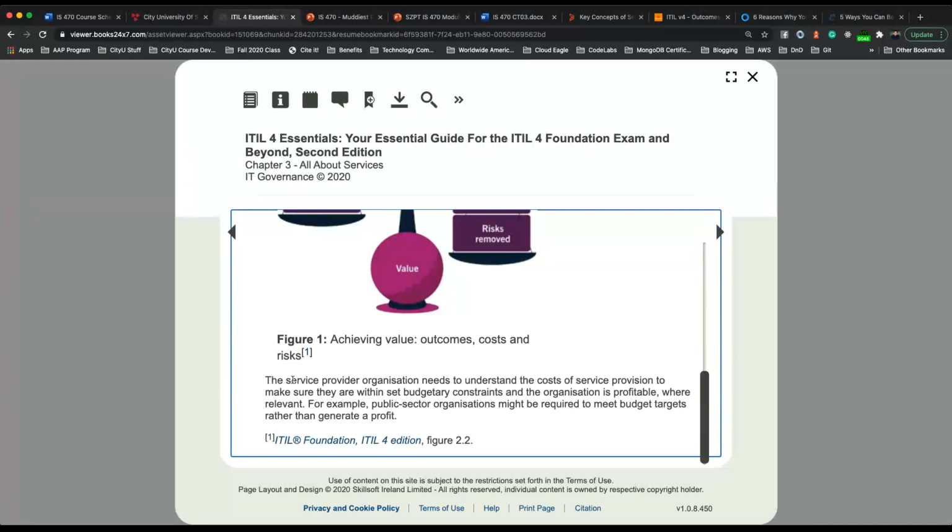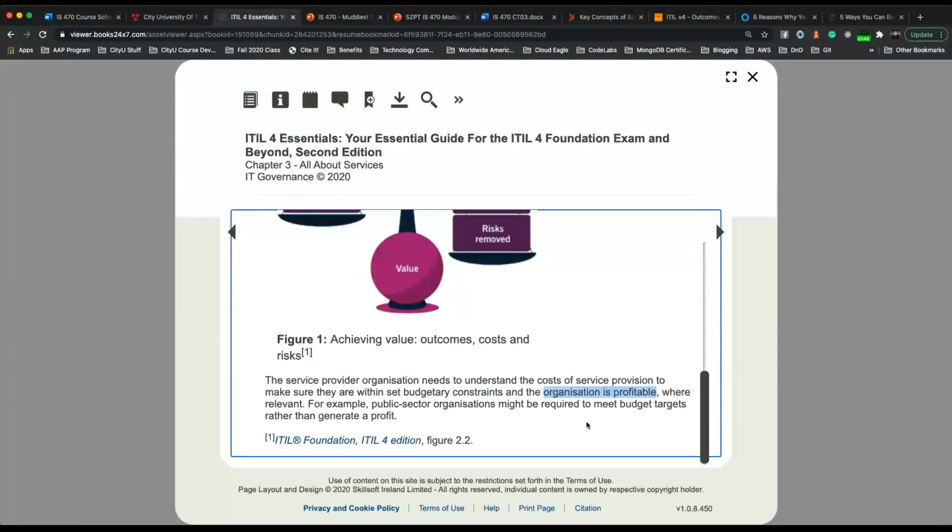So the service provider organization needs to understand the costs of service provision to make sure they are within budgetary constraints and the organization is profitable.